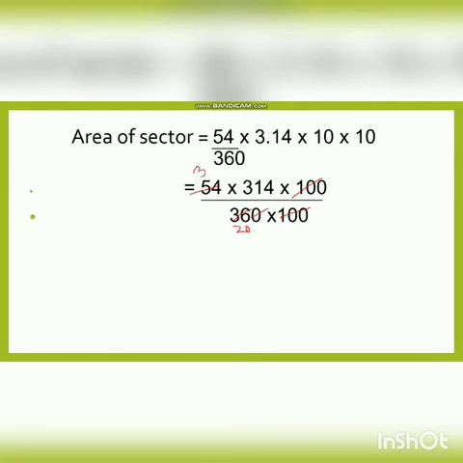Again divide 314 by 2. So 2 ones are 2, 0 as it is.